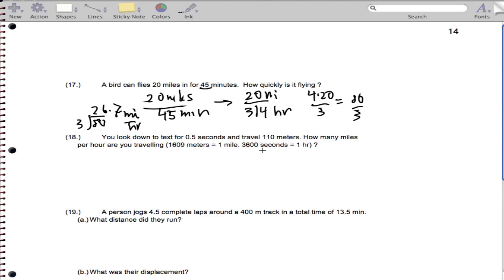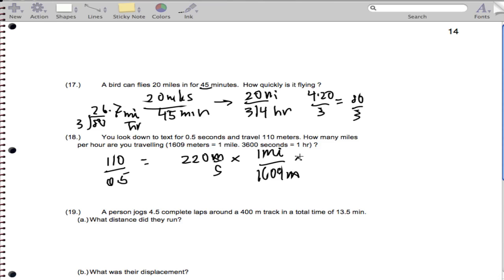Now, you look down at text for 0.5 seconds and travel 110 meters. How many miles per hour are you traveling? So let's see. I travel 110 meters in 0.5 seconds. So this actually gives me 220 meters per second. Let's get that in miles per hour. So 1 mile is 1609 meters, so that cancels those units.